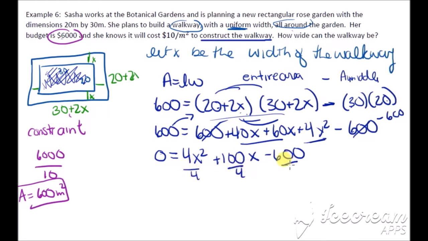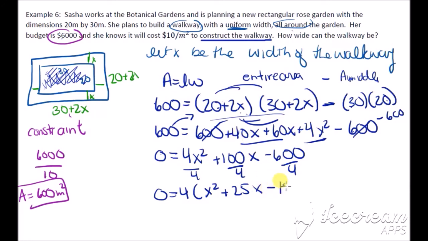Okay, now that we have this in standard form equals 0, let's go ahead and factor. So we'll common factor out a 4, which gives us x squared plus 25x minus 150.